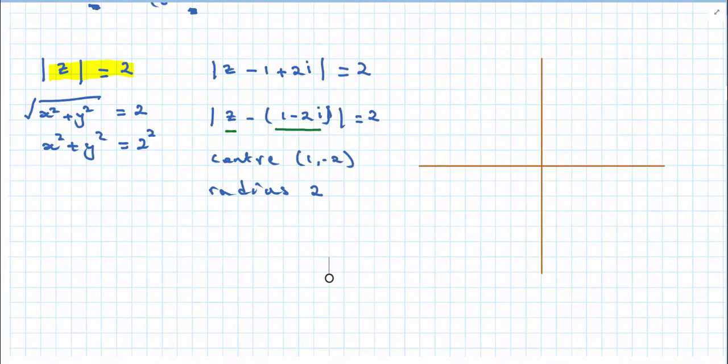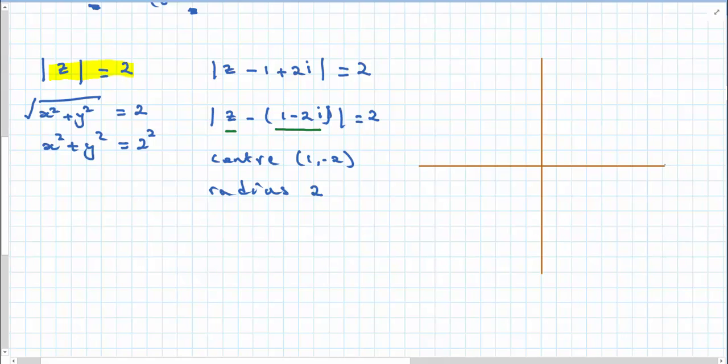So in this case, we have one vector, z, which is a moving point, and another vector at 1, -2. So here's my real axis, my imaginary axis, and 1, -2.